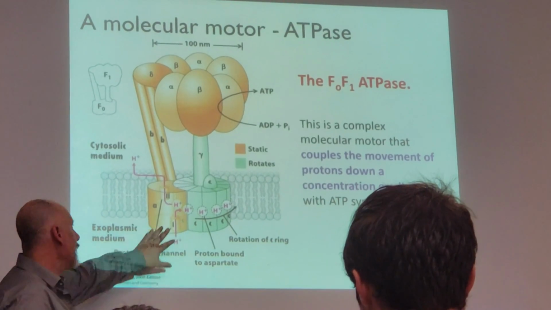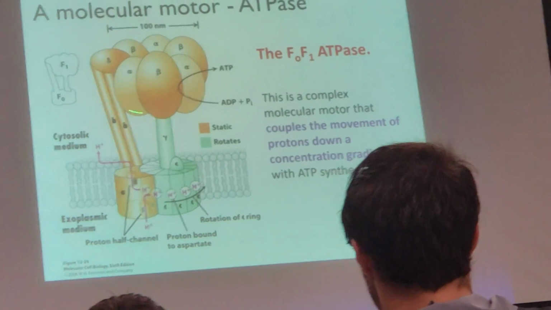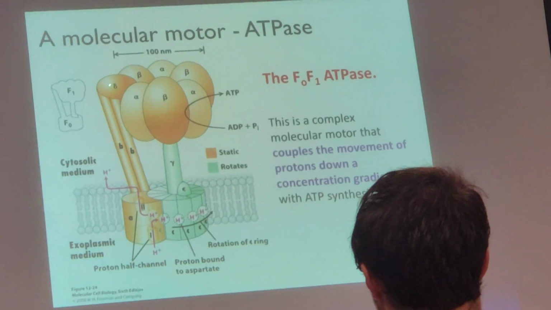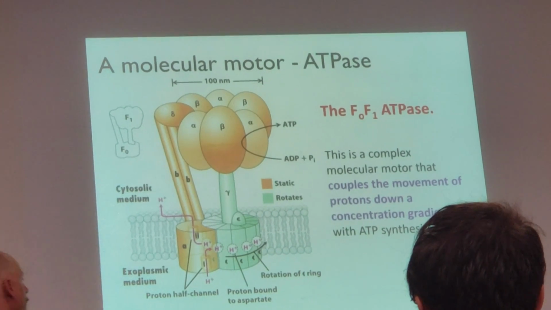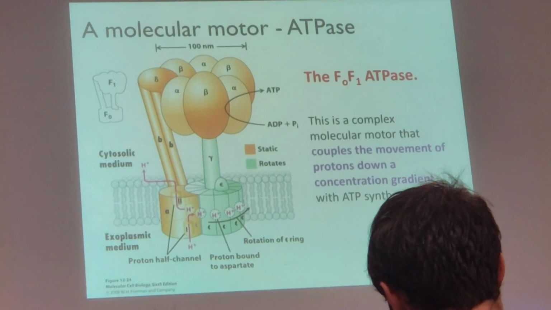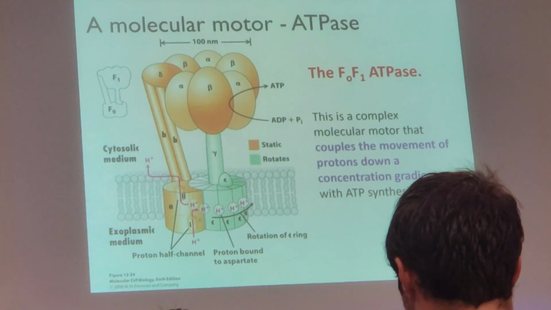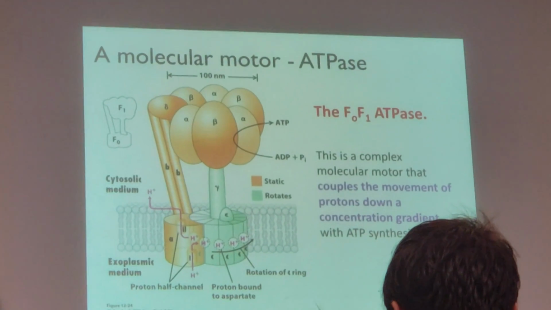Here it is in terms of the subunit composition. There is a portion of it, the alpha beta subunit, that extends to the cytosolic medium, and then there's this transmembrane component.